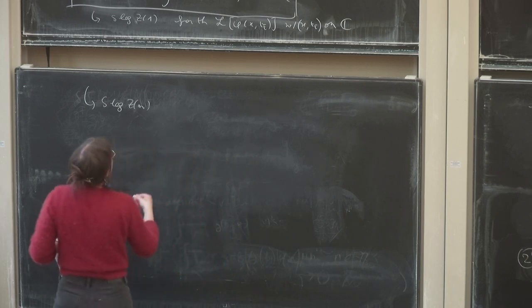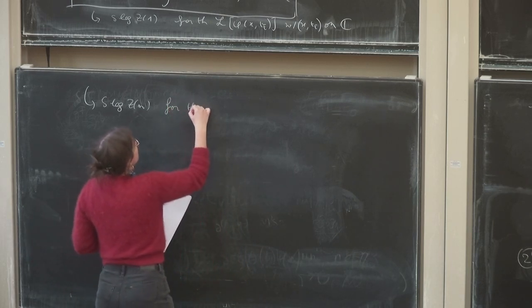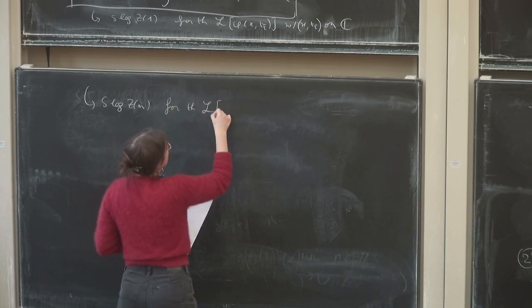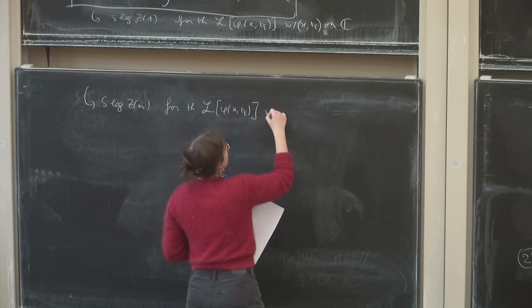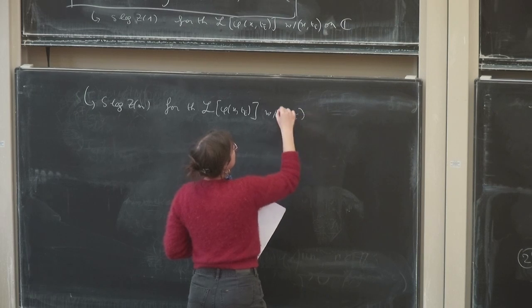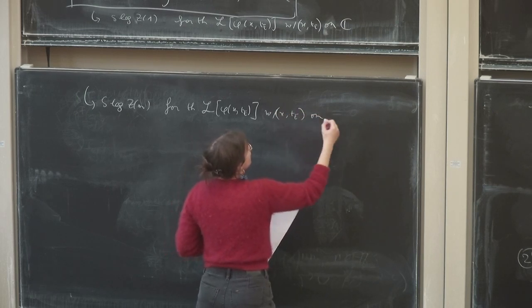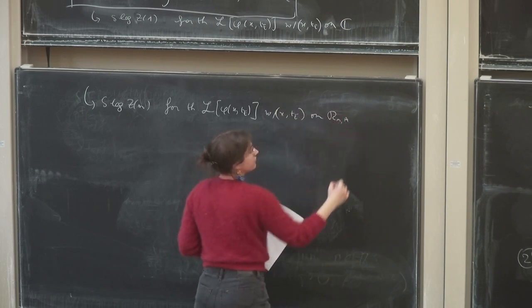So delta log Zn for when we consider the Lagrangian on this complicated surface, okay, with x now running over the replica manifold.